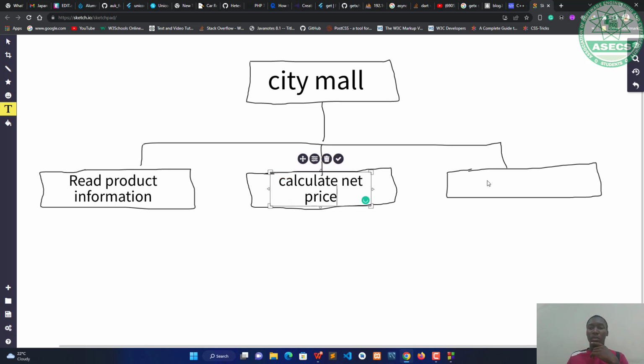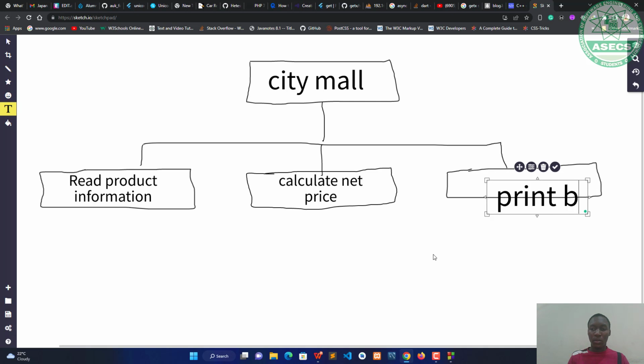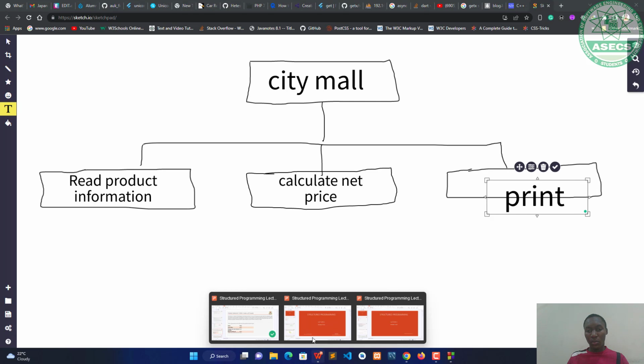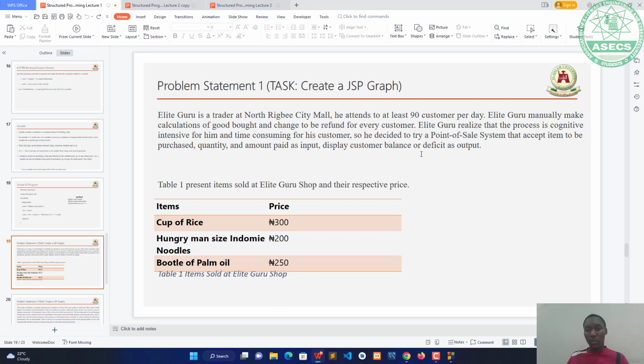And over here, calculate net price. And over here should be what? Print. This should be what? It should be the, as you see, they say what? Display customer balance or deficit as output.